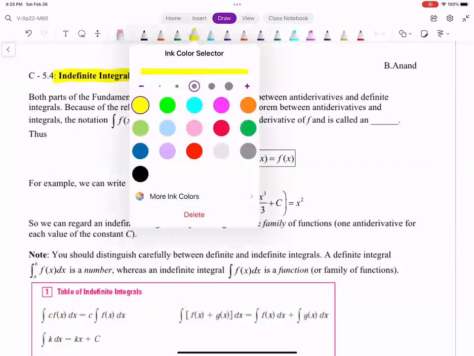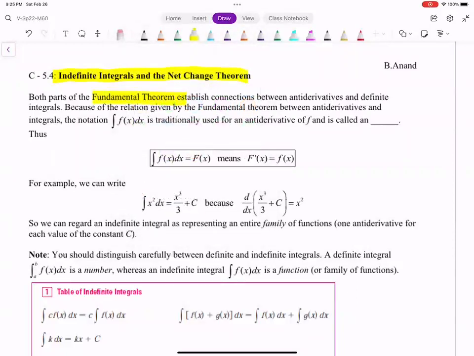So here, both parts of the fundamental theorem establish connections between antiderivatives and definite integrals. Because of the relation given by the fundamental theorem between antiderivatives and integrals, the notation integral f of x dx is traditionally used for an antiderivative of f and is called an indefinite integral.